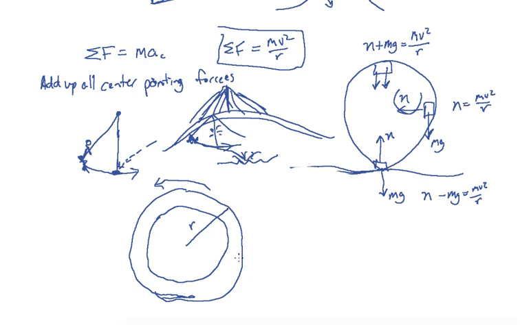Say this has a radius of 50 meters or a radius of 25 meters. How fast would we have to rotate it to get the centrifugal acceleration to equal 9.8, not the centrifugal force?